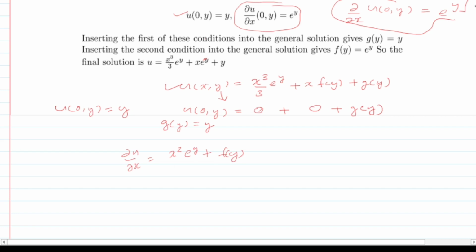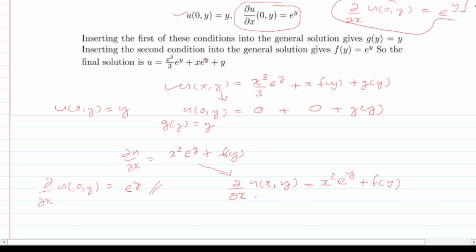Okay, so the given initial condition was ∂/∂x of u(0, y) is equal to e raised to y. Also we find the same thing from this equation. That means you have ∂/∂x of u(x, y) is equal to x square e raised to y plus f of y, right?